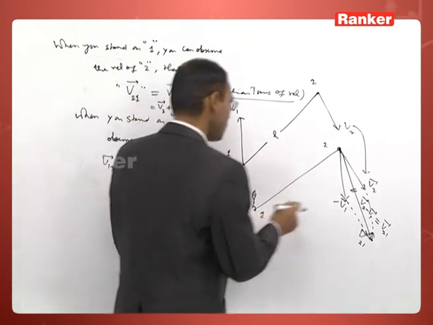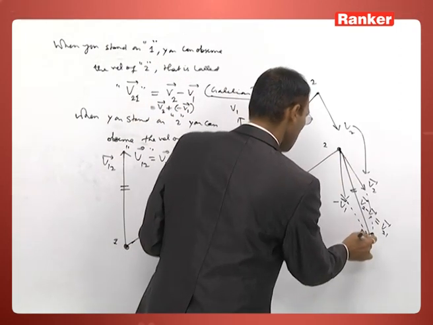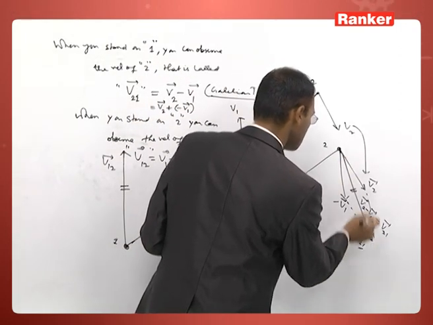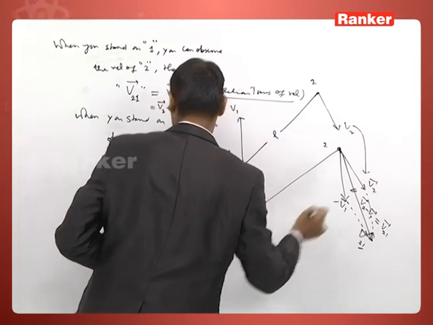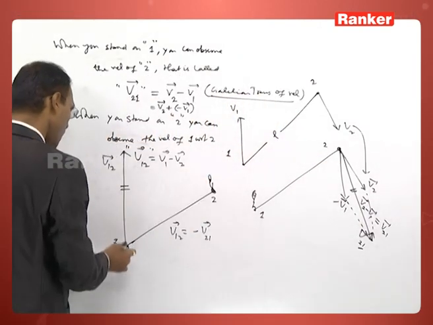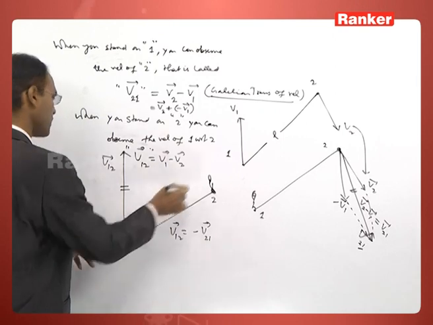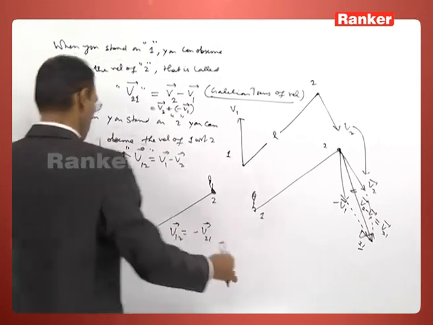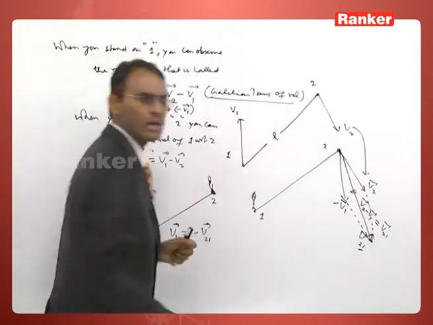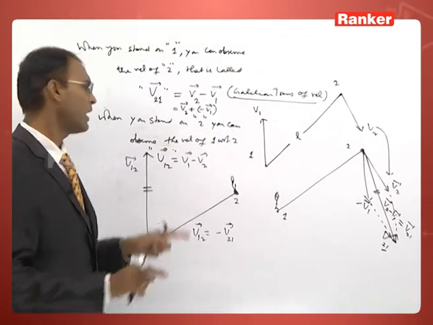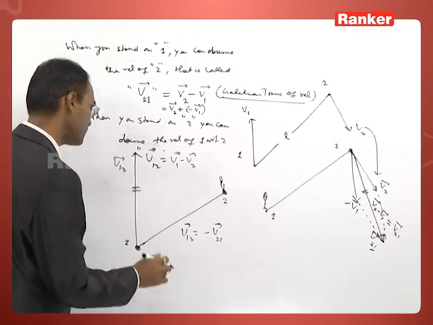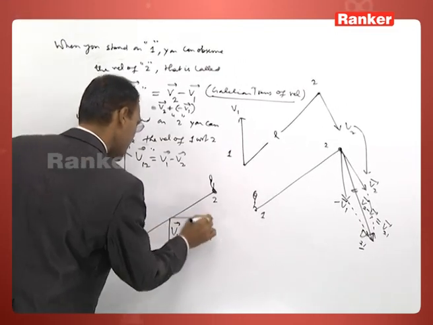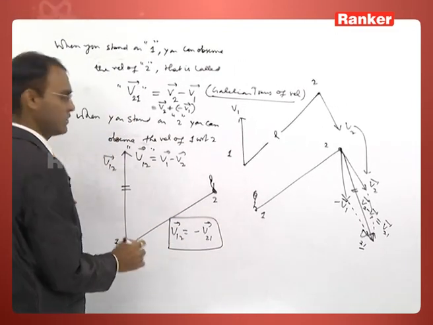When you are standing here, you are observing particle 2's velocity with respect to 1 in this direction. When you are standing on particle 2, you are observing particle 1's velocity with respect to 2. That is V12. V12 and V21 are equal in magnitude and oppositely directed. The linear relative velocities are equal and opposite.